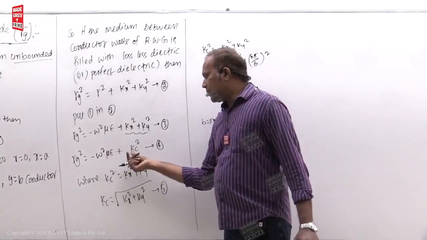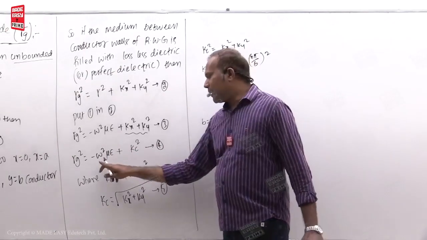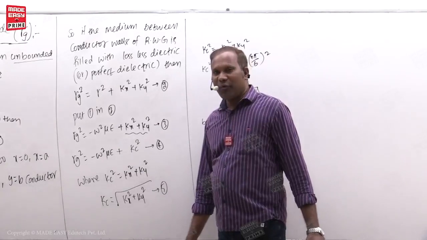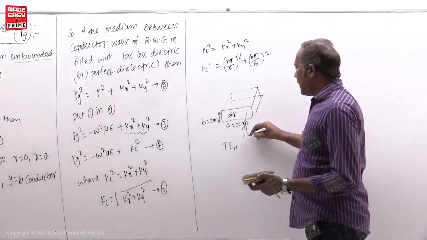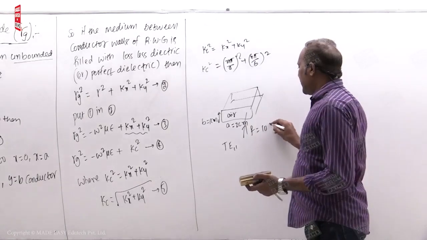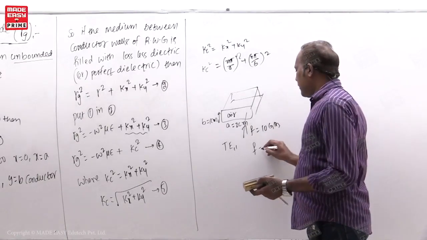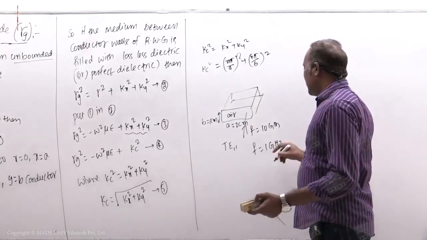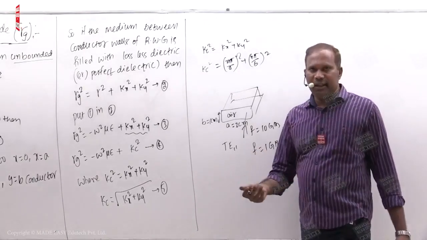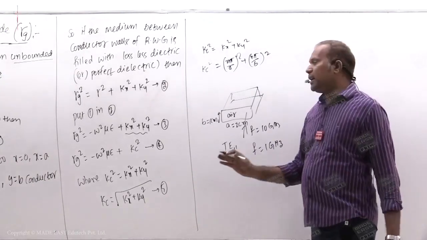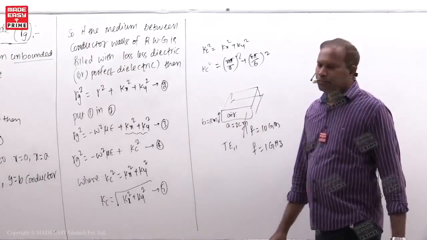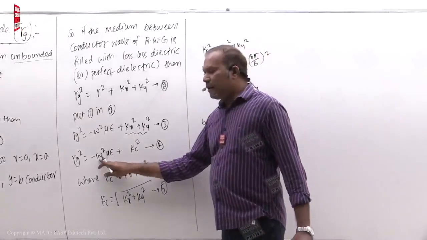So this is also constant, this is also constant. But what is omega? 2 pi f. What is f? The input signal frequency, you can send f is equal to 10 gigahertz frequency, you can send f is equal to 1 gigahertz frequency. That is called operating frequency. The operating frequency means the frequency at which you are sending the power. So f is variable.